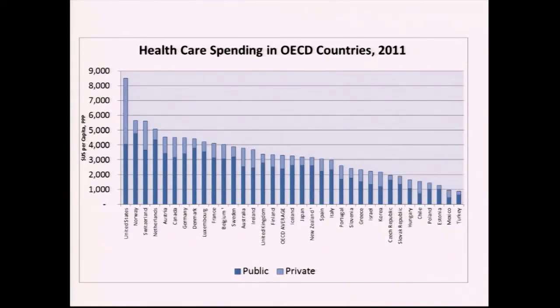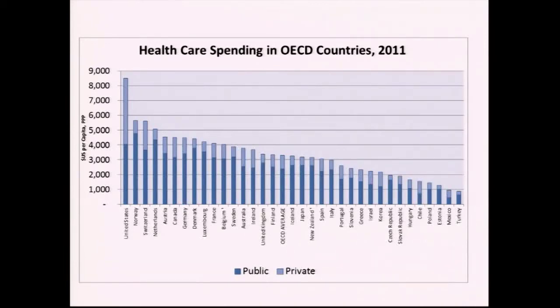These are all the other OECD countries along the x-axis. The next closest countries are Norway and Switzerland at around $5,500. These are purchasing power parity adjusted, so these are generally adjusted for differences in the spending power of people in different countries. Norway and Switzerland are the next two countries at just over $5,000 per person.